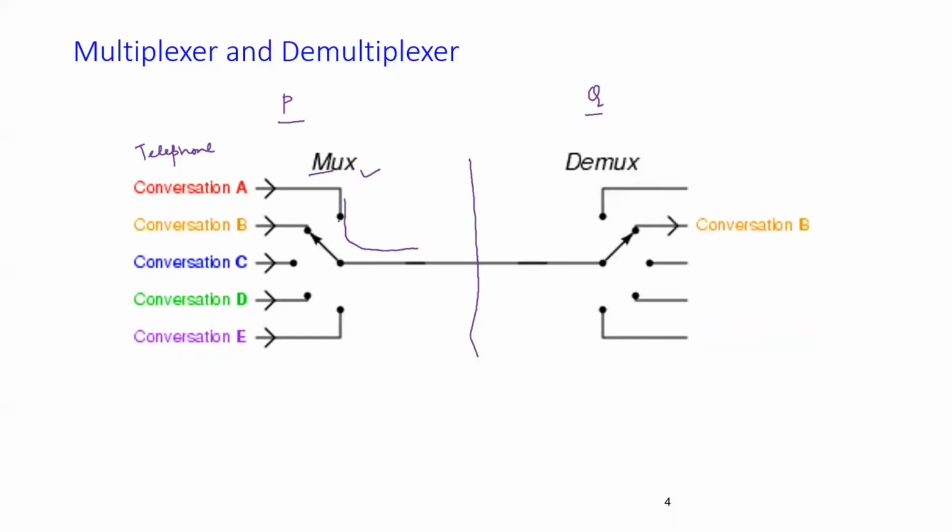If this particular person selects this line, then all others will be idle. They cannot use it. Similarly, at the output, if a call is there and it can be terminated onto any one point, then this can be done using some selection line. So this is the demultiplexer.